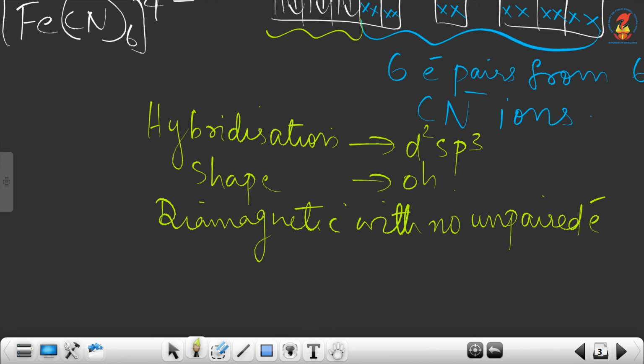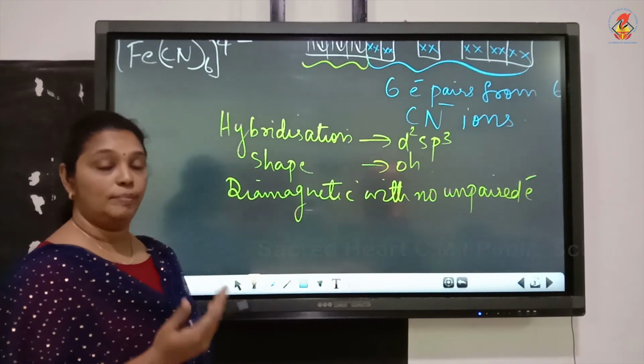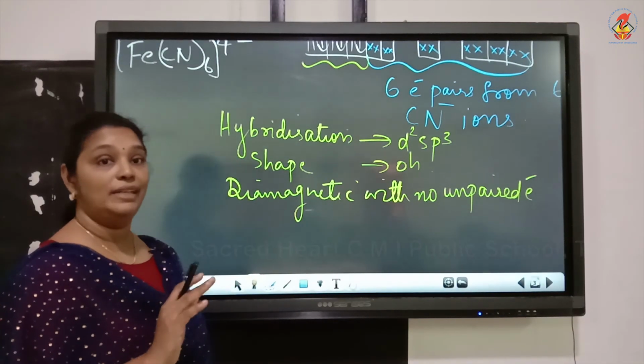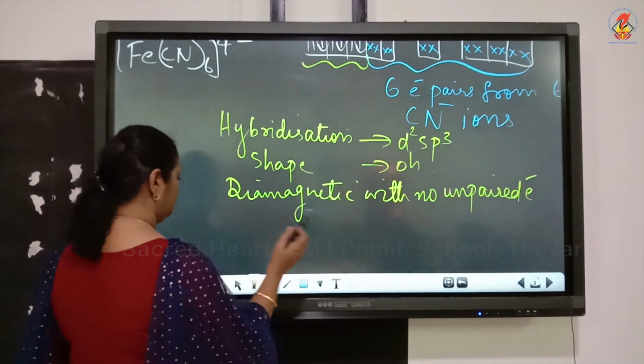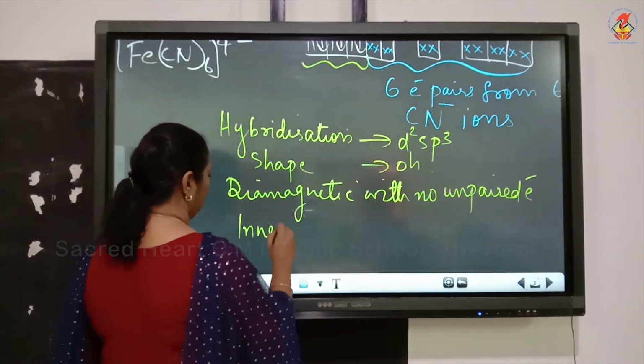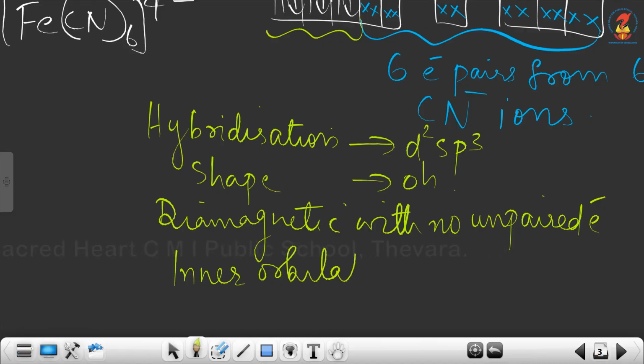Now next is diamagnetic with no unpaired electron, and last you have to write about the spin. Now inner d orbital is involved, so we have inner orbital or spin paired complex. So this is an inner orbital or low spin complex. 4 informations.